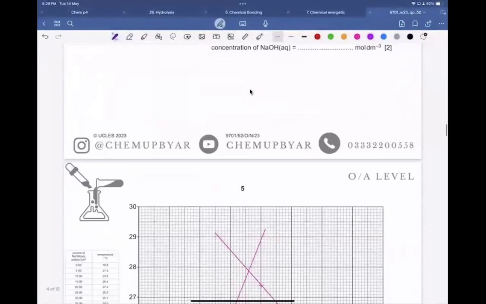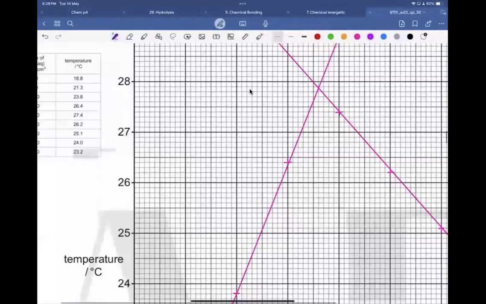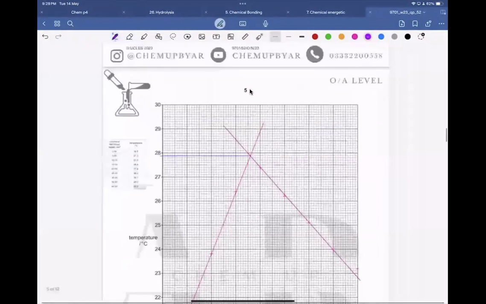If you see the temperature over here, it's almost 27.9, right?